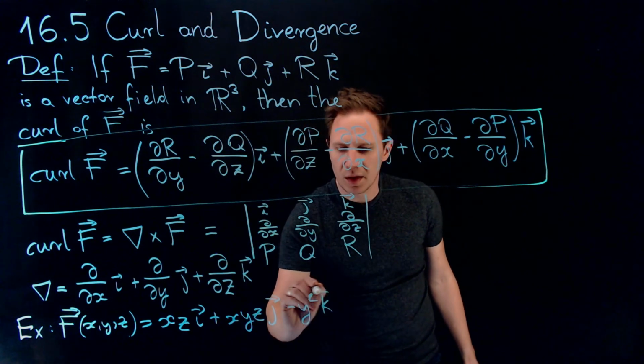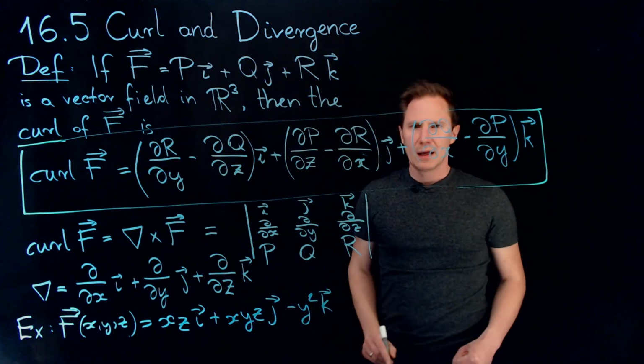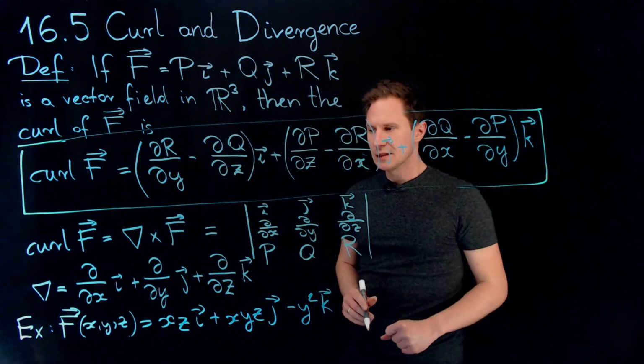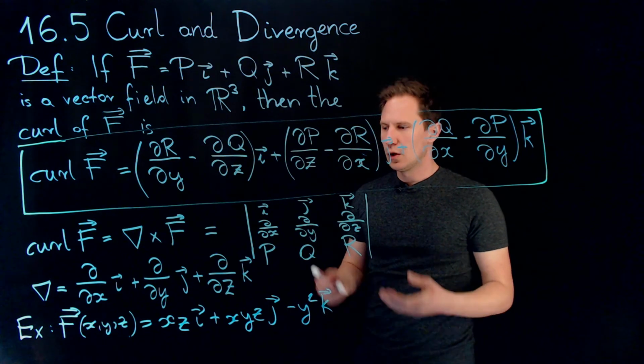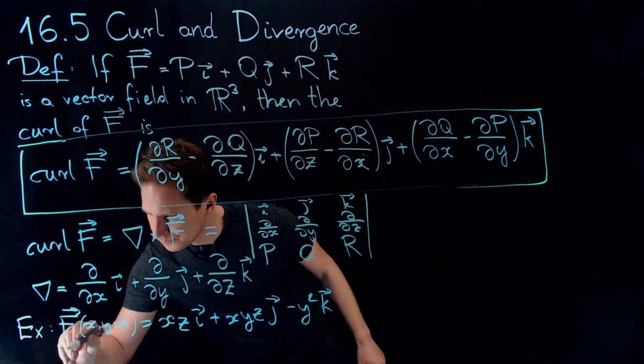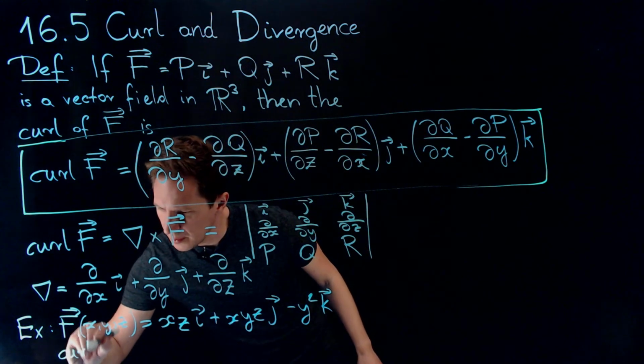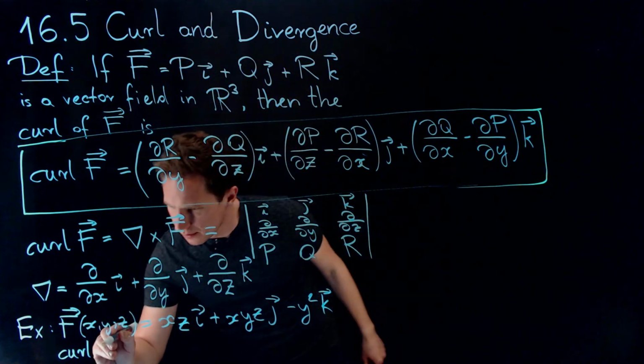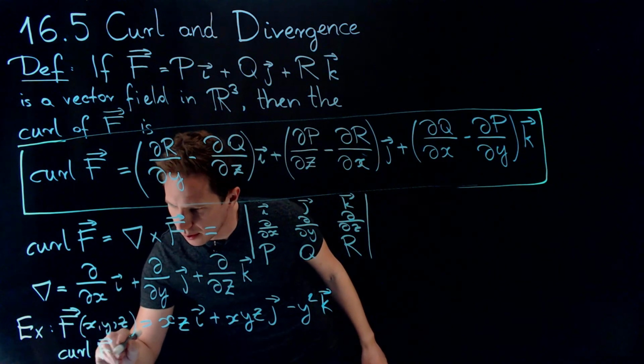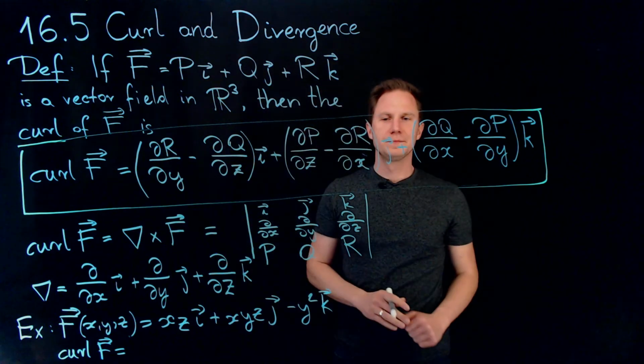So these are our P, Q, and R. And your task is to find the curl of this vector field. So pause the video and use this definition to compute the curl of F.